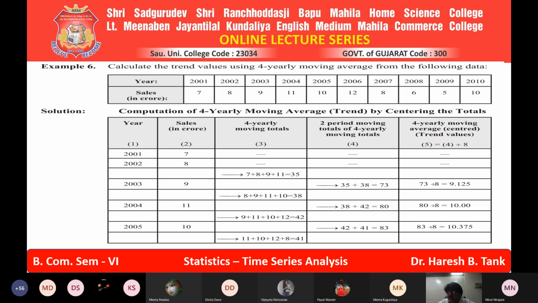In between 2002 and 2003 it would be 35, in between 2003 and 2004 it would be 38, between 2004 and 2005 the sum would be 42, between 2005 and 2006 the sum is 41. What is the sum between 2006 and 7?